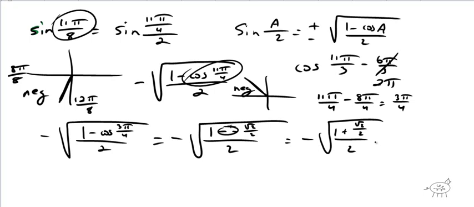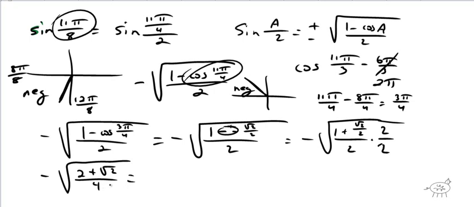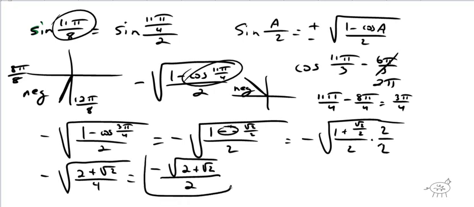And then we simplify, get rid of the fraction. So multiply the top and the bottom by 2 over 2, again inside the radical. And that gives us negative square root of 2 plus root 2 over 4. And again, you can split that up, but the square root of 4 is 2. So do you guys agree it's just negative square root of 2 plus root 2 over 2? That's your final answer.